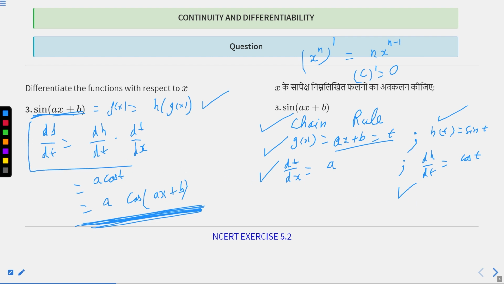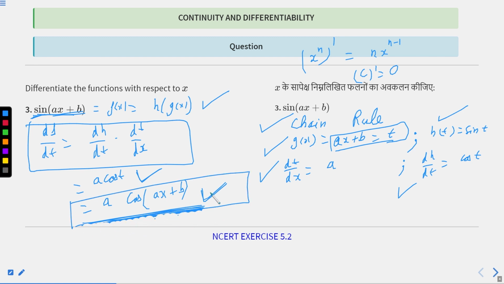Using this form, I get my answer in terms of t, and substituting t back in terms of x, I get my original answer in terms of x. Okay, clear? Let us move to the next.